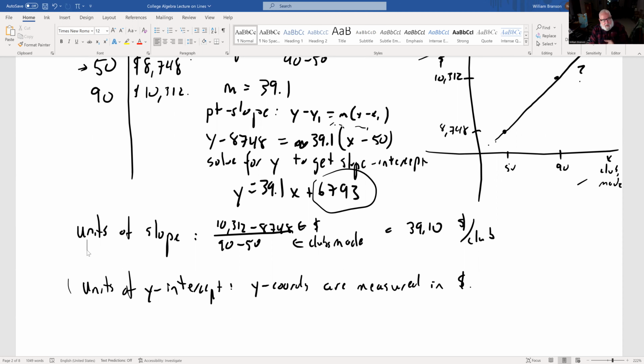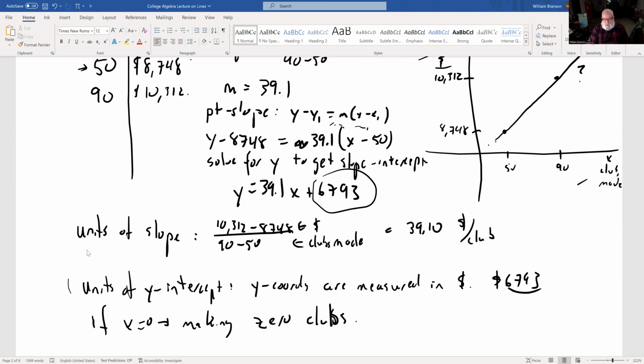So y-coordinates are always measured in dollars. So it's $6,793. Why is this not 0? Well, if x equals 0, we're making 0 clubs. So what's the 6,793? This is what's called a fixed cost.